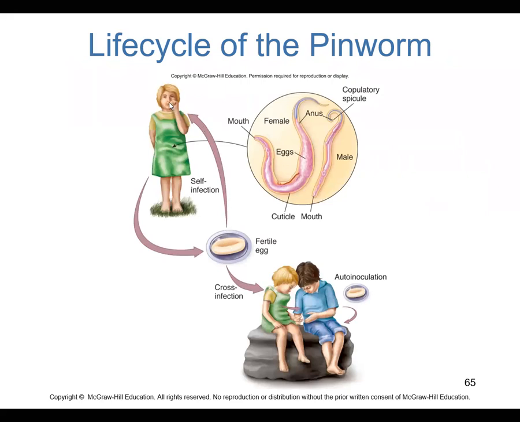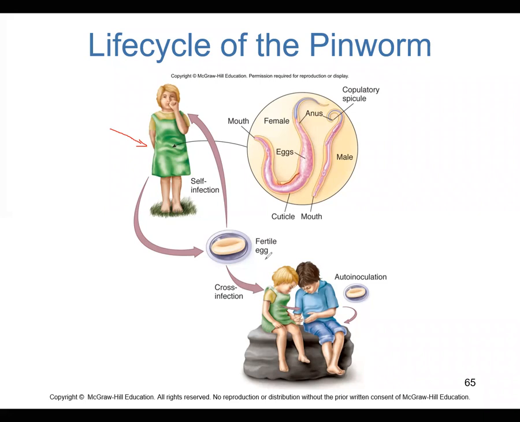It goes through the oral route, we call it the fecal-oral route, because it gets in the mouth. Eventually the female will move to the anus where she lays eggs, and it causes itching. So they're scratching, which is what they're showing you right over here. And so then it gets on the hands, and then the hands will infect clothes. You can pass it to other people and affect your bedding.